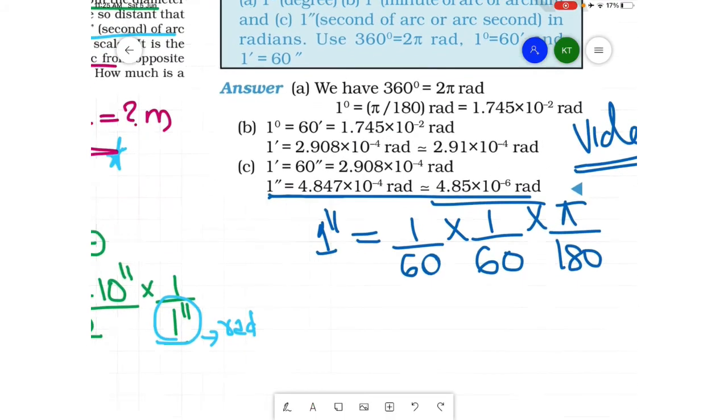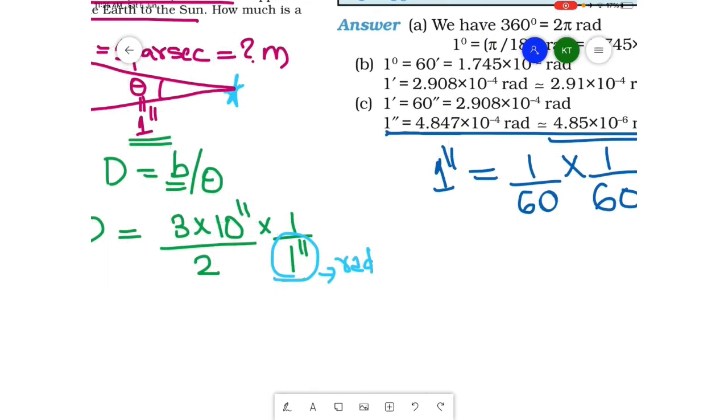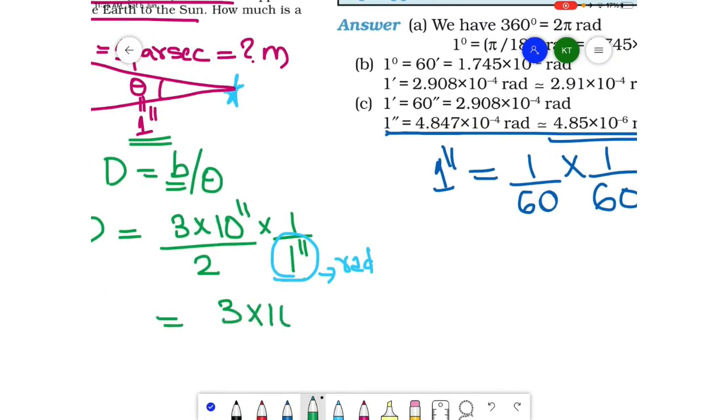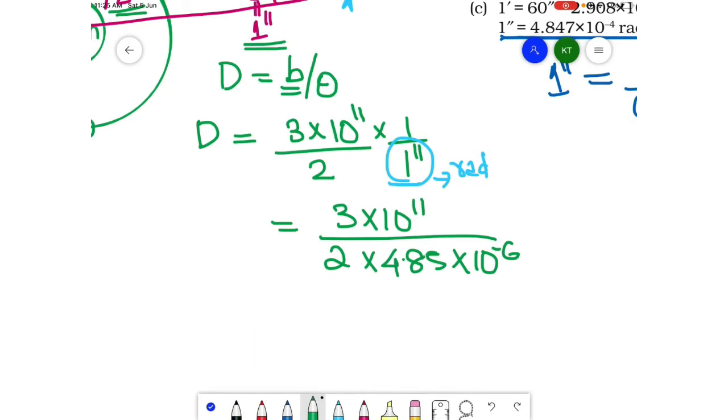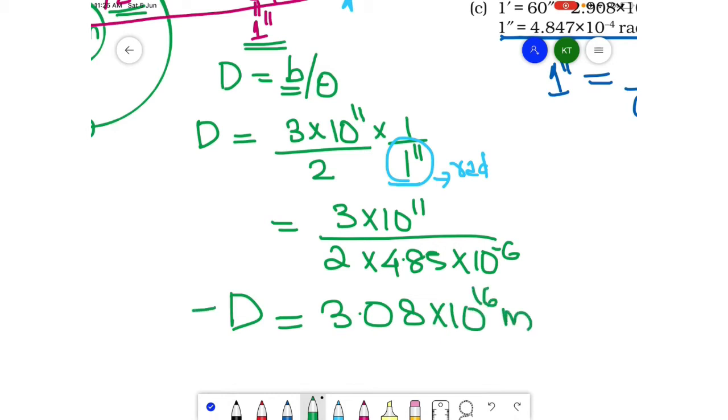So inserting this value right here, we get 3 into 10 power 11 by 2 into 4.85 into 10 power minus 6 radians. So we get the d in terms of parsecs to be equal to 3.0. In terms of meter, we'll get the value to be 3.08 into 10 power 16 meters.